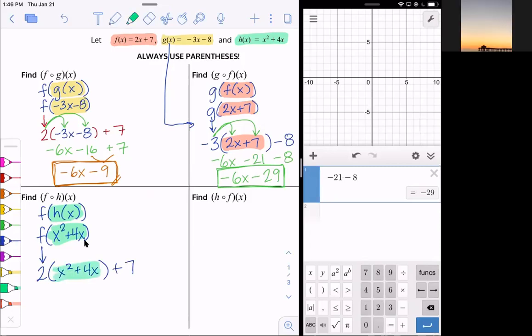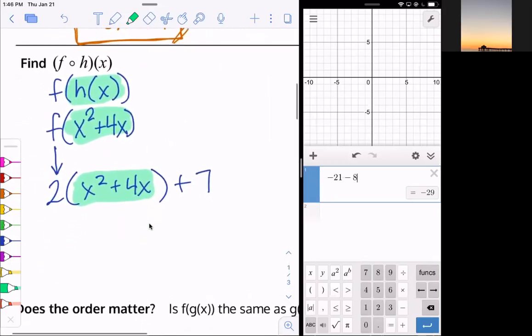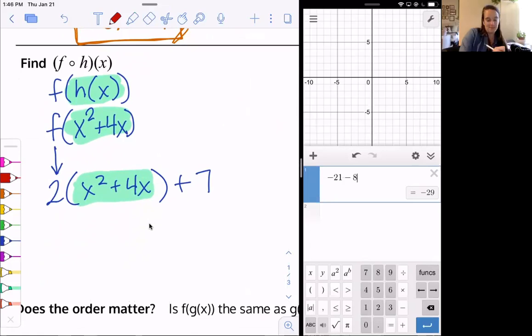Yes. Okay, so this is 2x plus 7, right? And then you said that I should take this green part, the x squared plus 4x, and put it in here instead of x. Yes. Okay, cool. You want to keep going? Yeah, and then you do what's that thing called? Combine like terms, right? Distributive property? Oh, yeah, that.